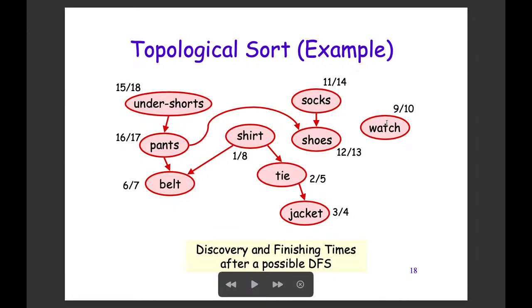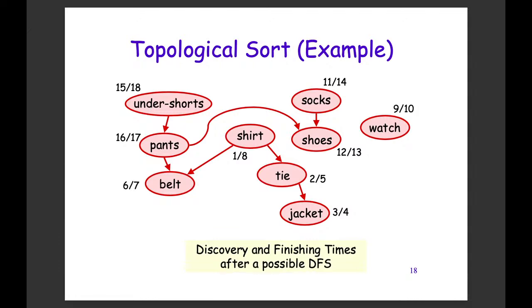Then shirt, then belt, then tie, and then jacket. So this is how, after running DFS on this directed graph, we have the finishing times, and we output things according to the finishing time in decreasing order.